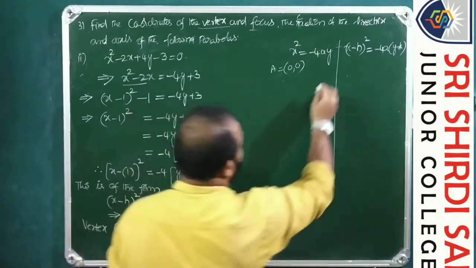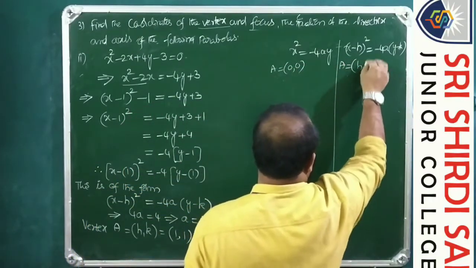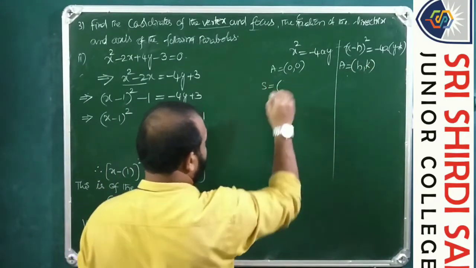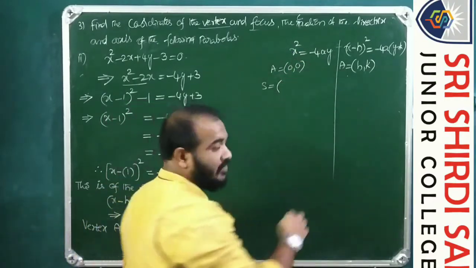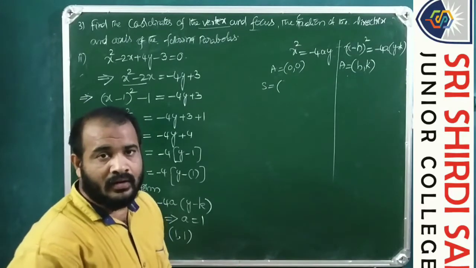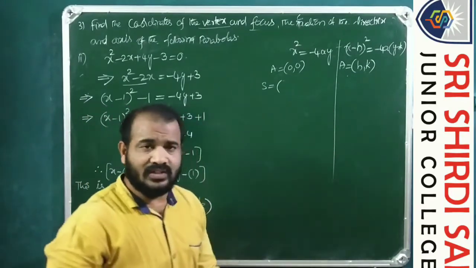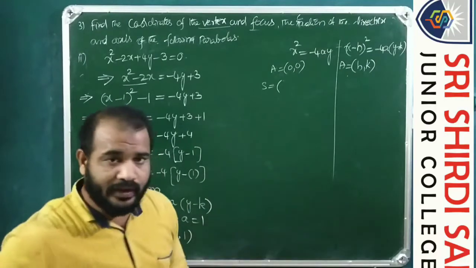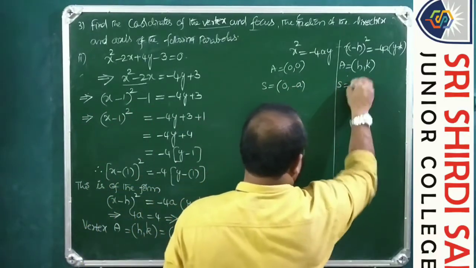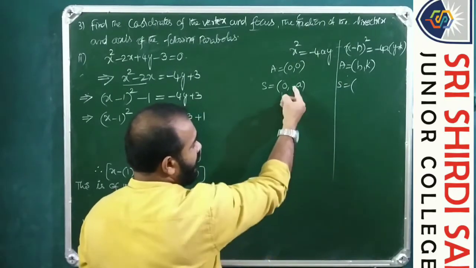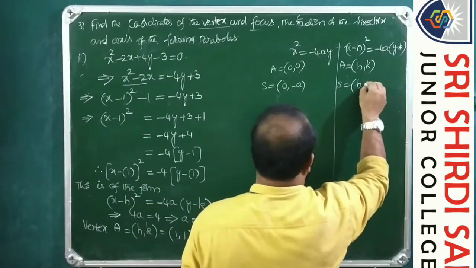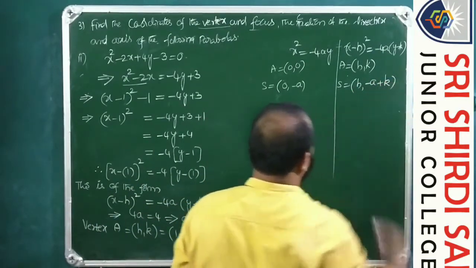Here the vertex A is (h, k). Focus S: for x square equals 4ay, it is (0, a), but for x square equals minus 4ay, it is (0, minus a). Here h will be added to the x coordinate and k to the y coordinate, so S equals (h, minus a plus k).